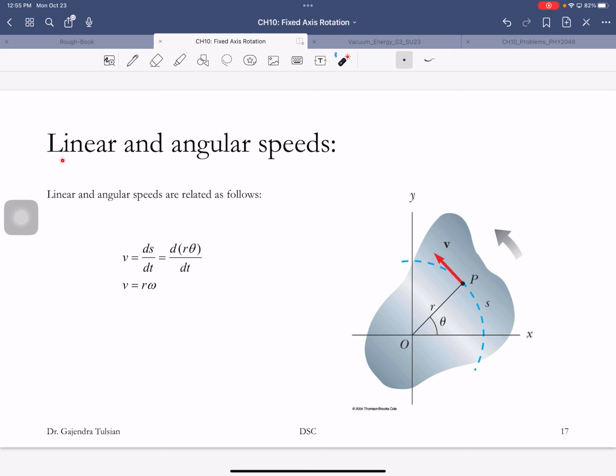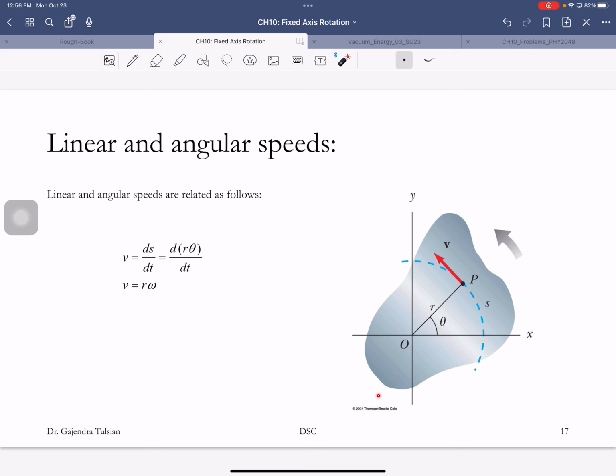All right, so here are some formulae that relate linear quantities to angular quantities. This is the linear speed of a point that is r away from the axis of rotation.